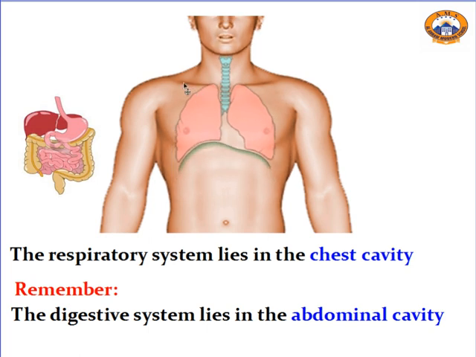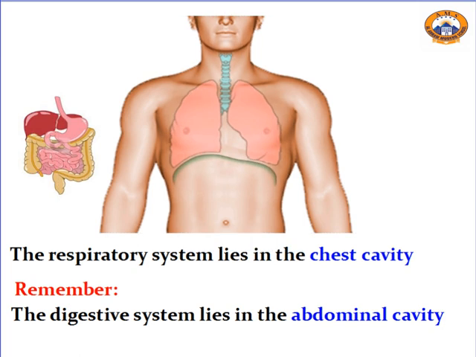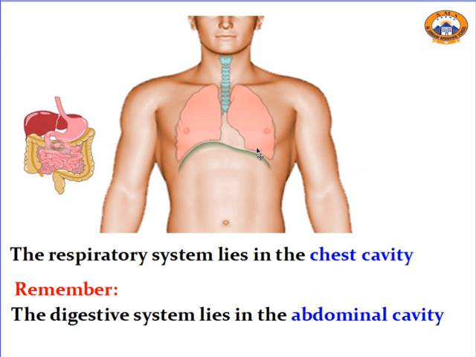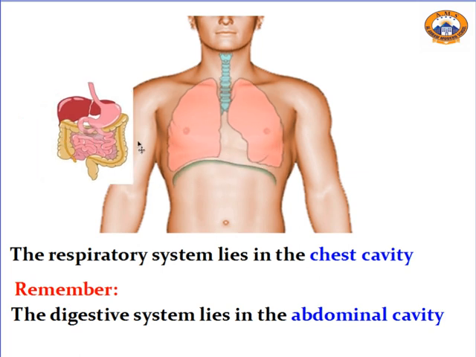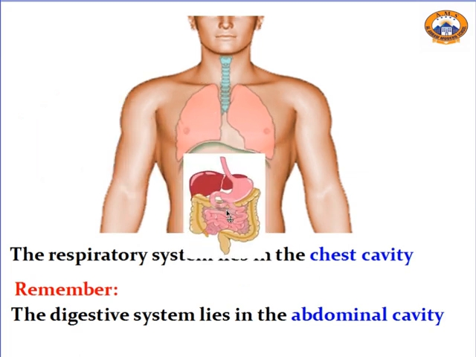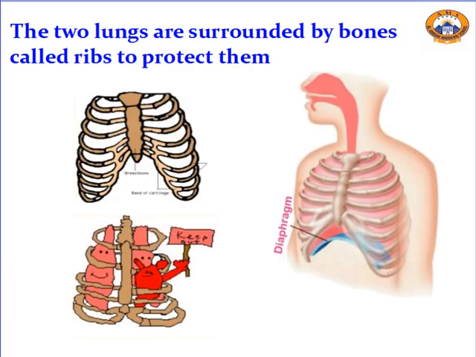This cavity is known as the chest cavity or thoracic cavity, and this is where the respiratory system lies. So we have two cavities now, the chest cavity at the top, where the respiratory system exists, and beneath it the abdominal cavity, where most of the digestive system exists.